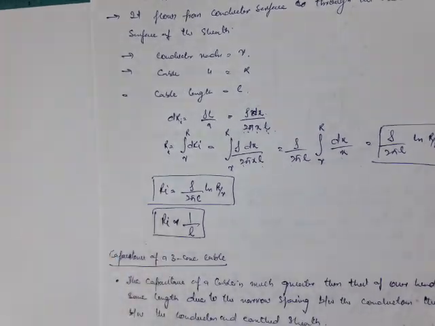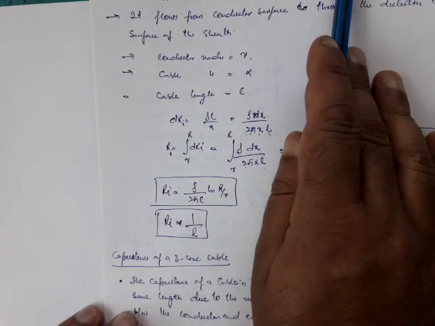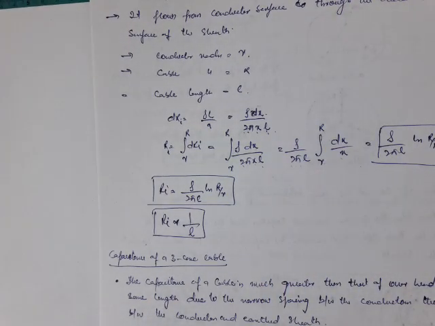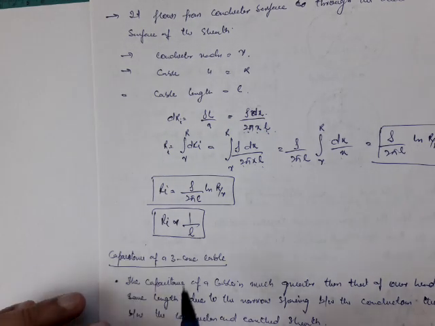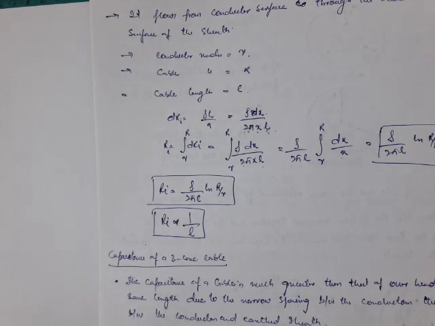So for different types of cable, rho is the resistivity not of the conductor, but of the dielectric material, because this current flows through the dielectric material. So for the same dielectric material, you will see that this insulation resistance is inversely proportional to the length of the cable.